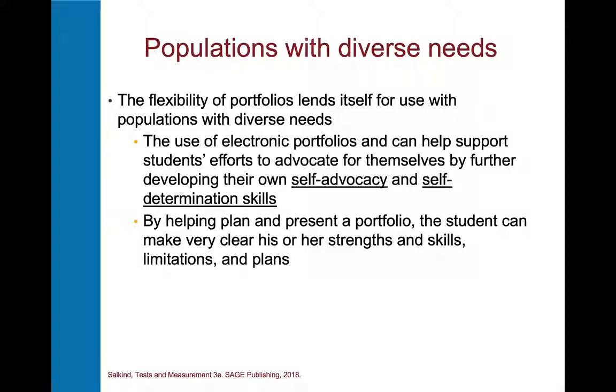The authors also argued that by helping plan and present the portfolio, the student can make it very clear what are not just his strengths but also limitations, as well as plans on how to move forward. This is a really nice way, especially for dealing with a group of students who may be discouraged for whatever reason in class.